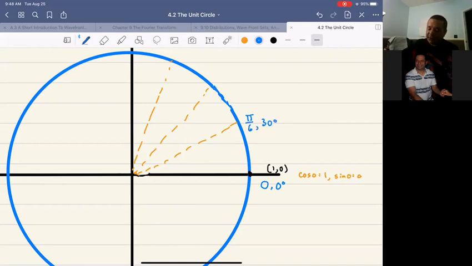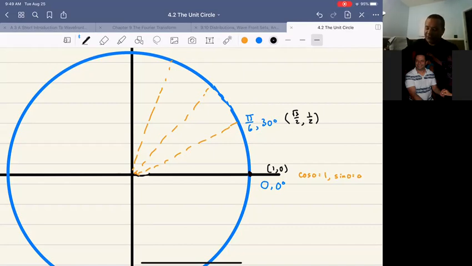The point is going to be square root of 3 over 2, 1/2. So again, cosine of pi over 6 is square root of 3 over 2. Sine of pi over 6 is 1/2.